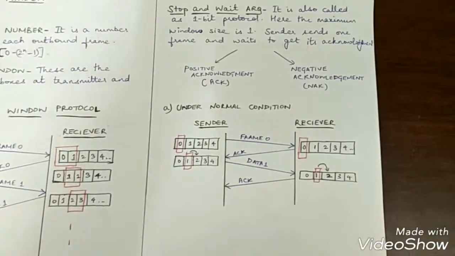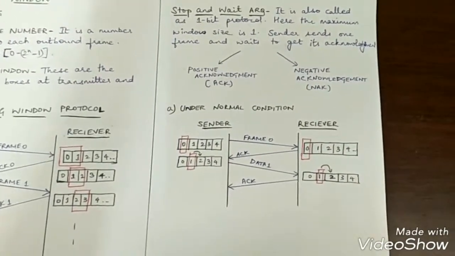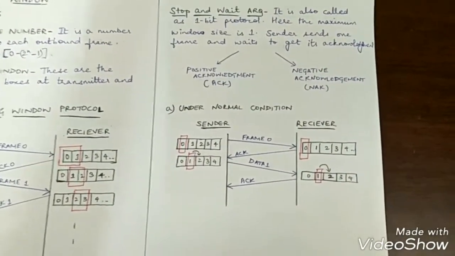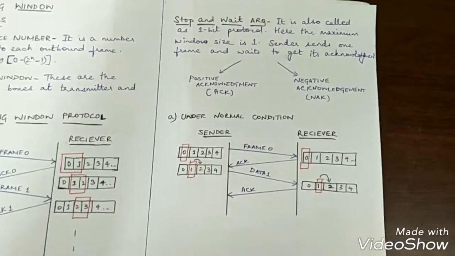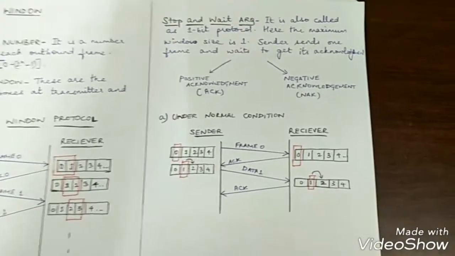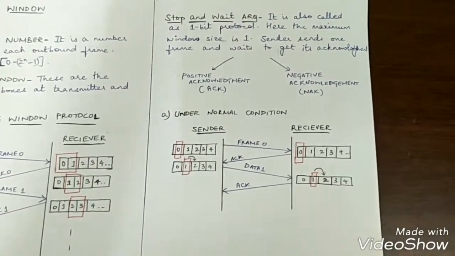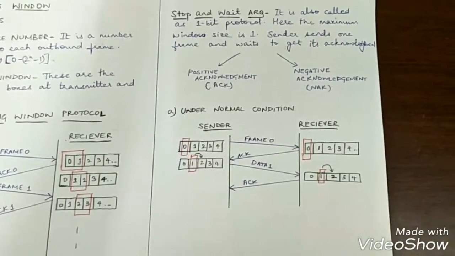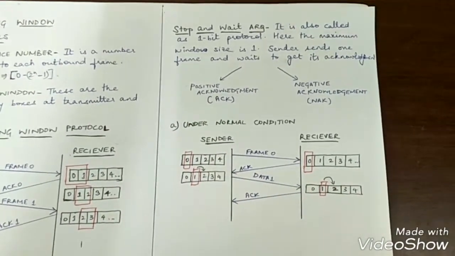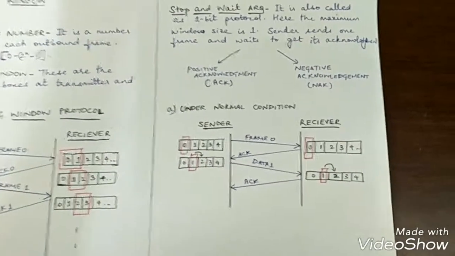So there is a sender and a receiver. Here on both sides there are few data frames to be sent, and these frames are to be received at the receiver's end. If frames are numbered as 0, 1, 2, 3 here and at the receiver's end. So here the window size is 1 and the window will cover 0 at both ends.